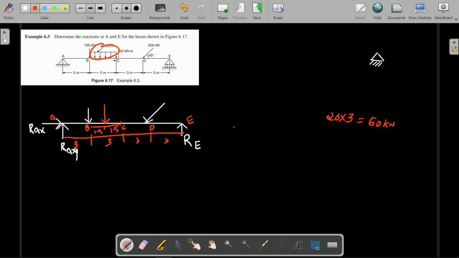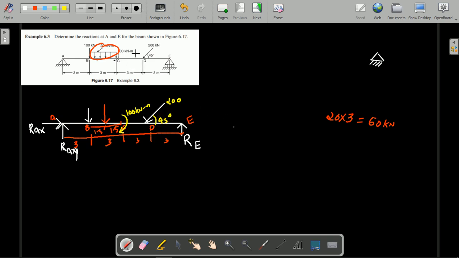Along with that you need to show the moment also. At the point C we are having one moment, clockwise moment. You need to show that moment also. Magnitude of that moment is 100 kilonewton meter. And the inclined load is there, that is 200, and it is making an angle 45 degree. So write as it is here.